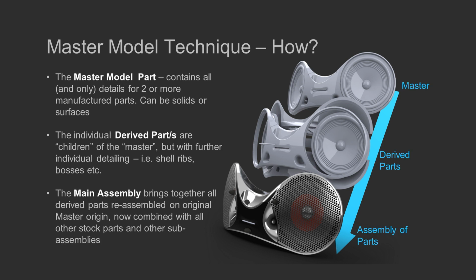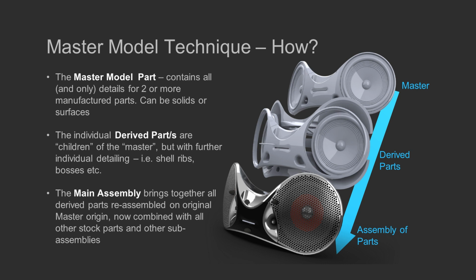SolidWorks has a few different techniques for doing this, but basically you create a start part or a master part that contains all the geometry necessary to define the exterior shape and even interior boss points and whatnot, if we're talking about consumer product design.